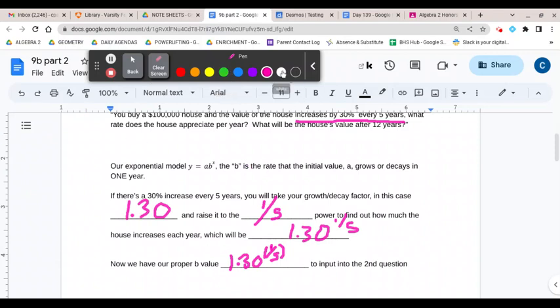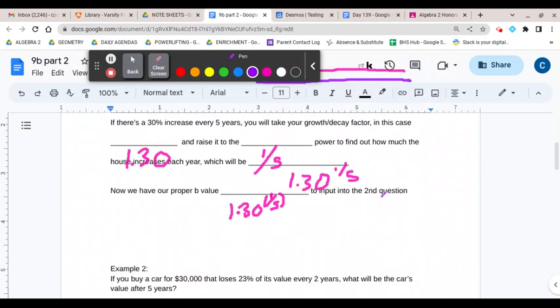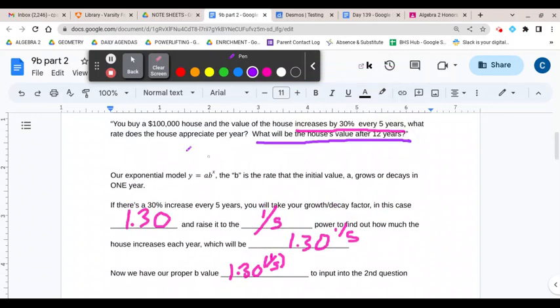All right, so what will the house's value be after 12 years? Well, now we can figure this out, because we know our A value is 100,000. Our B value is 1.3 to the 1/5 power.